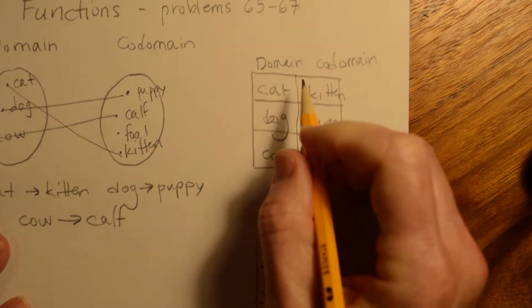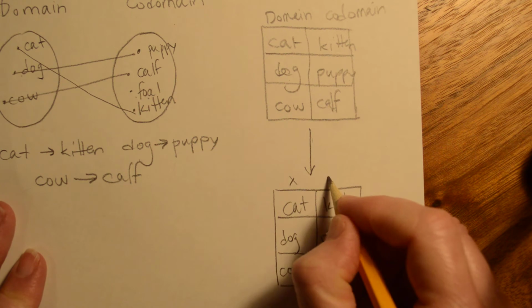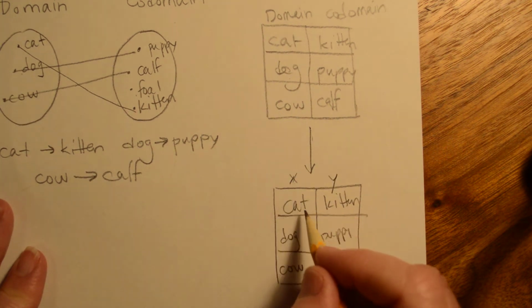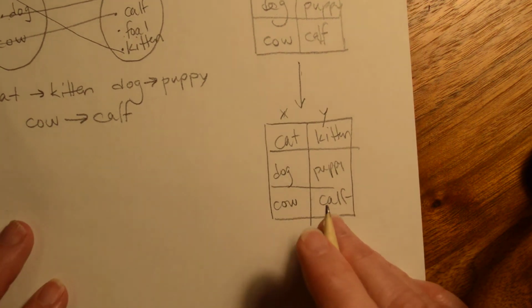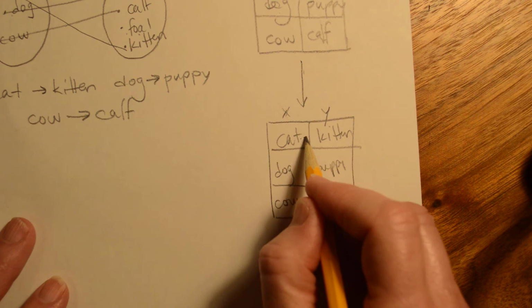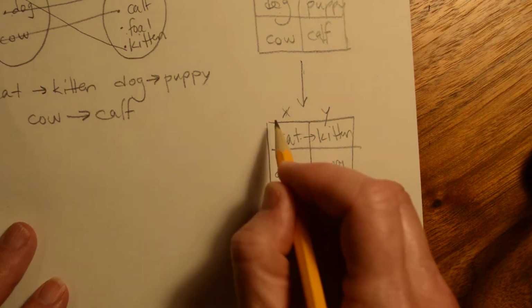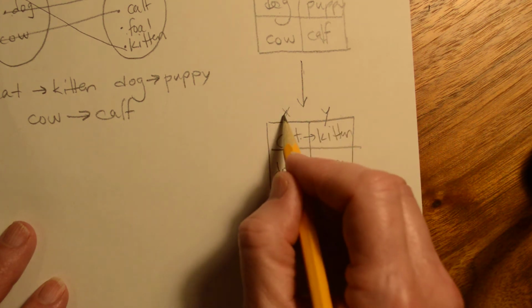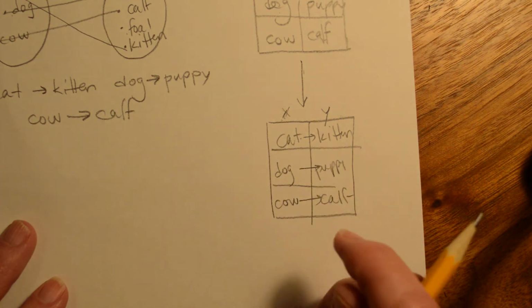Instead of calling this domain and codomain like we do here, a lot of times they just use X and Y. All right, the X represents the thing from the domain, and the Y represents the thing from the codomain. So it's still showing the match. It's still going from cat to kitten, dog to puppy, cow to calf. But instead of using domain and codomain, we use X and Y. So X generally stands for the member of the domain, and Y stands for the member of the codomain.